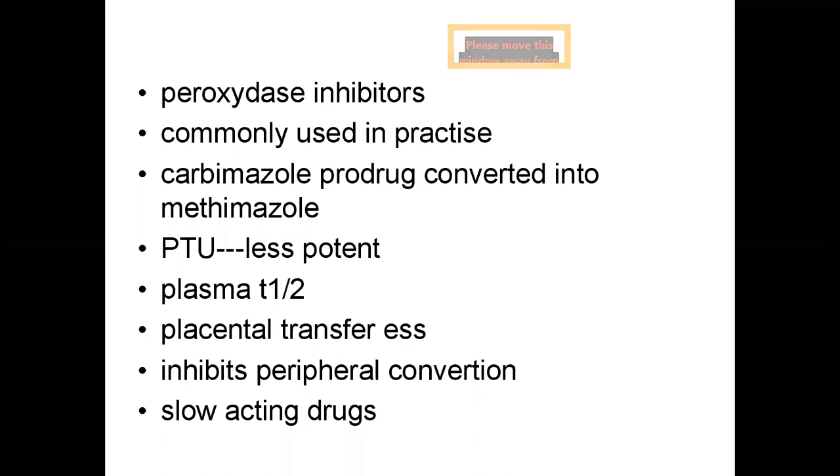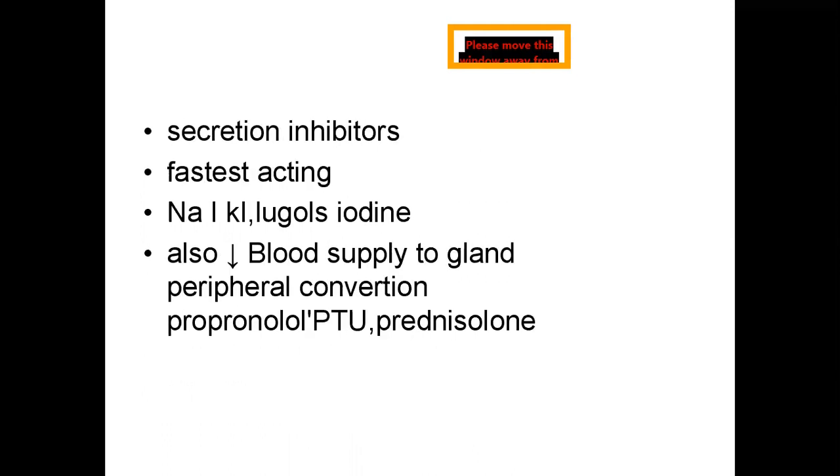Preformed hormone in the body is present in amounts adequate for 2 to 3 weeks. So when we give these drugs, there is a lag period of 2 to 3 weeks. So these are slow acting drugs.